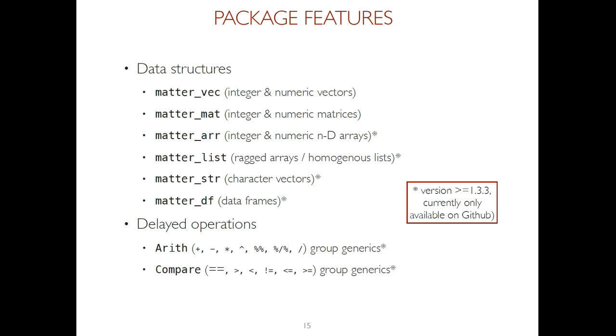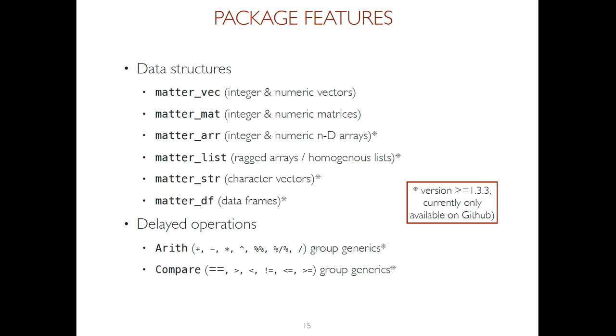Another cool thing that we've done is have support for delayed operations. With many other packages like Big Memory or FF, if you want to do some kind of addition or subtraction or comparison and get an object out of that, all of that is actually executed when you do that, and then you have to save the result as some sort of large object.